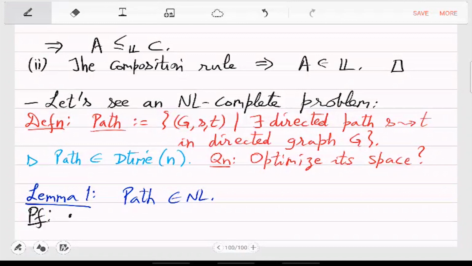So why is that? Well, because you can just guess the path from S to T. You keep guessing, and you only need to guess log bits for one vertex. With every guess you will move to a neighbor and maybe you will end up in T starting from S. So let (G, S, T) be an input instance.